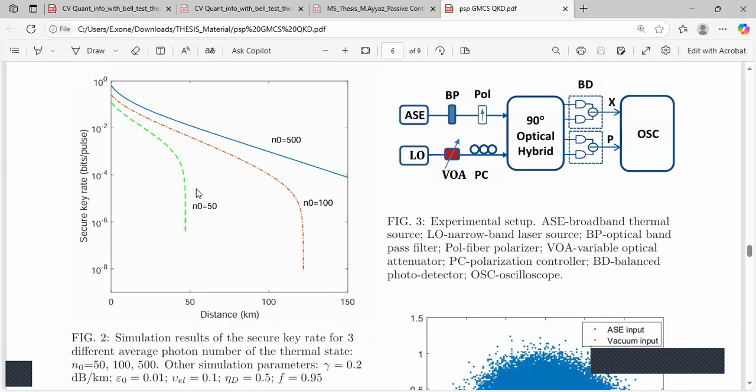For an average photon number of 50, we have a transmission distance of about 40 kilometers.